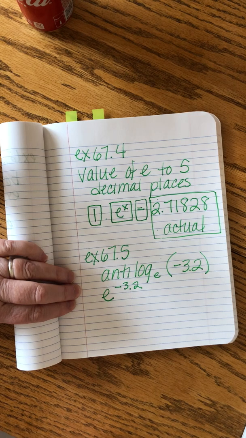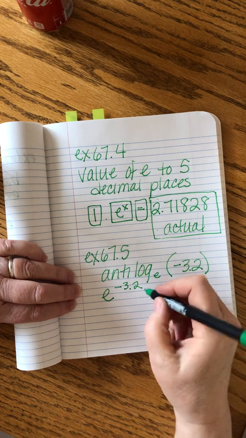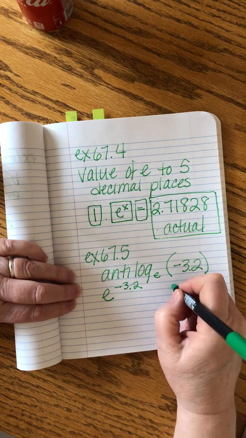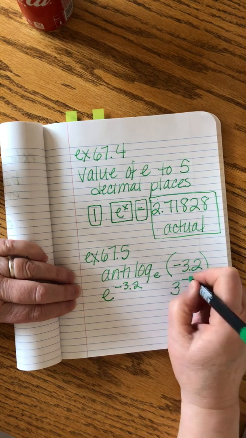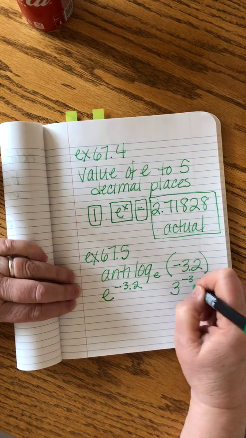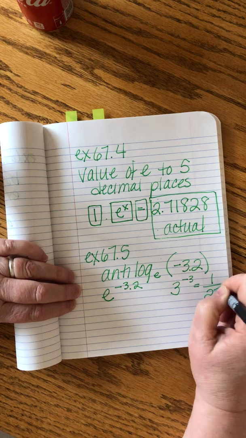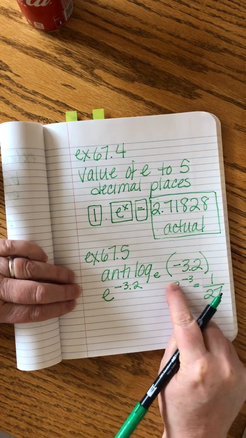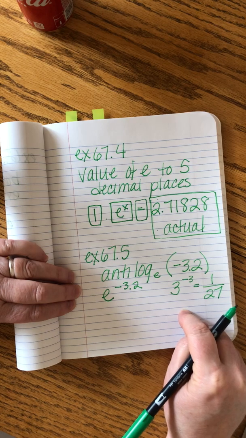And again, we want to estimate before we calculate. So what I'm going to do is I'm going to say it would be like 3 to the minus 3, and that would be 1 over 27, right? Because this is a negative exponent, so it's going to pop it down.